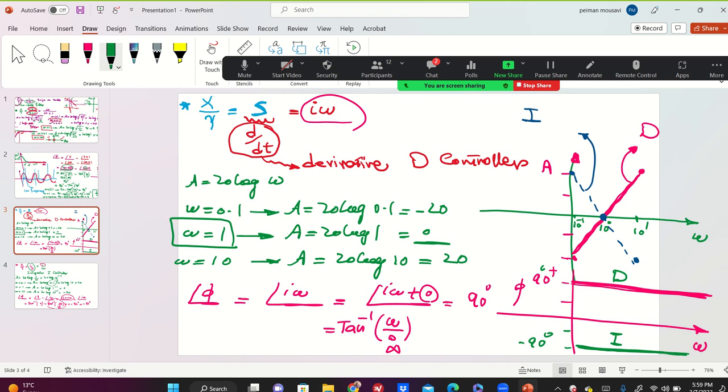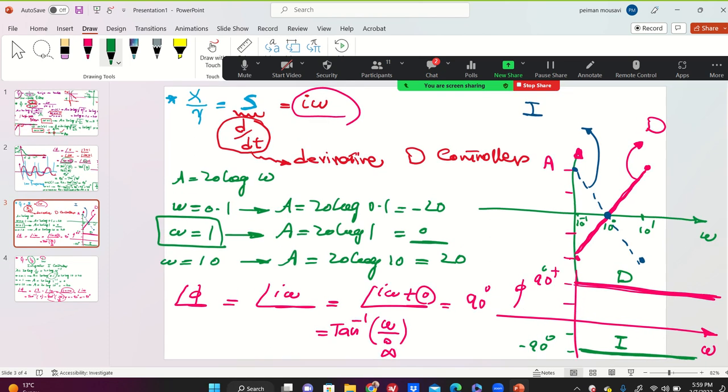Great. Let me go to Simulink and MATLAB to visualize what we learned.